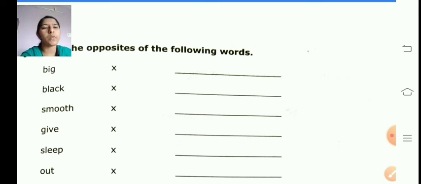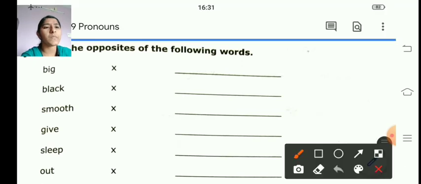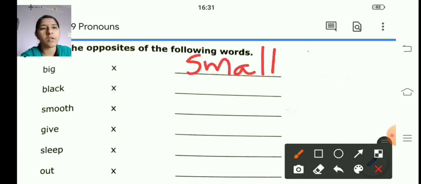Right, here we have next is opposites. So we are going to write the opposites of these given words. Right, the first one, big, you all know. The opposite of big will be small.